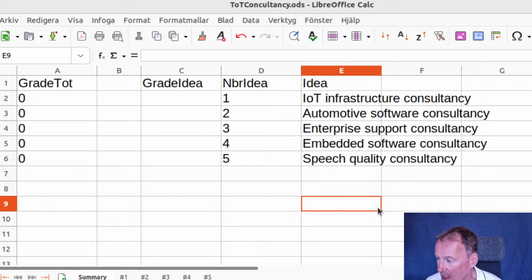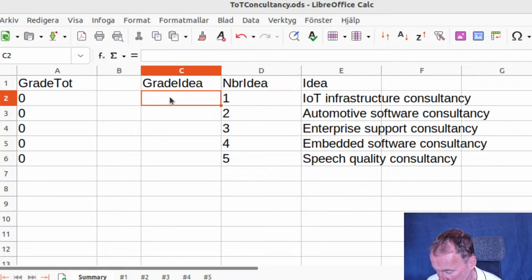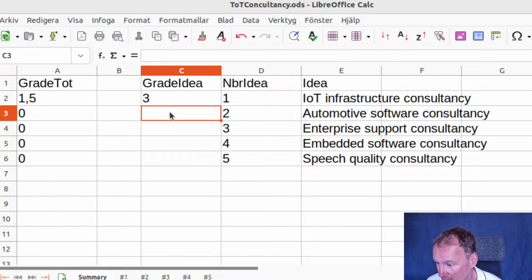Okay, so it's time to grade those business ideas. IoT infrastructure consultancy, I will give that a 3, just from my opinion.